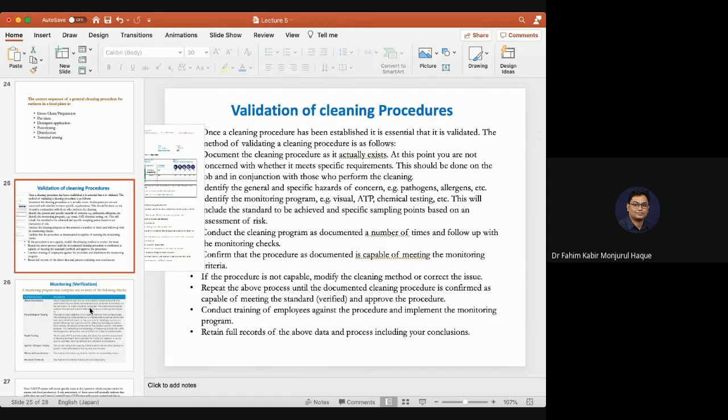I mean, if you use this detergent A and clean using this protocol or method, 90% of the pathogen or microbial load will get reduced. So here comes the validation. Validation means now you have to prove that what that detergent and the procedure is claiming is right. I mean, you have to validate the procedures.